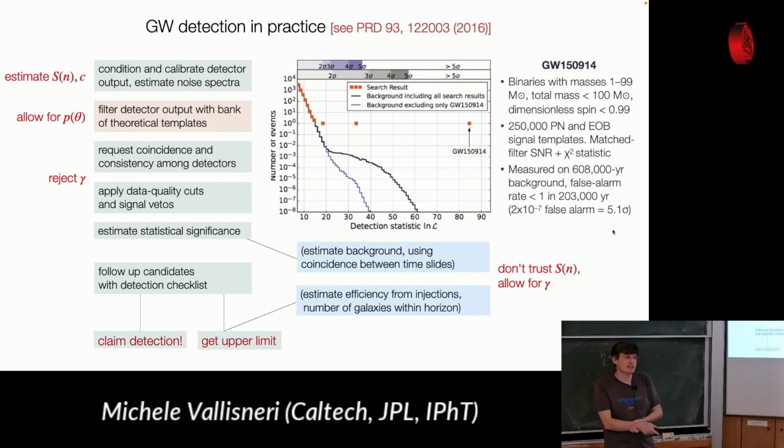Some are taken care of by that integral, like the sliding, the initial phase. Some you just neglect. For instance, you may say, okay, we do detection without spins, or just with the effective spin, and not the spin tilts. Then you can bring those things back when you do parameter estimation, but not for detection.